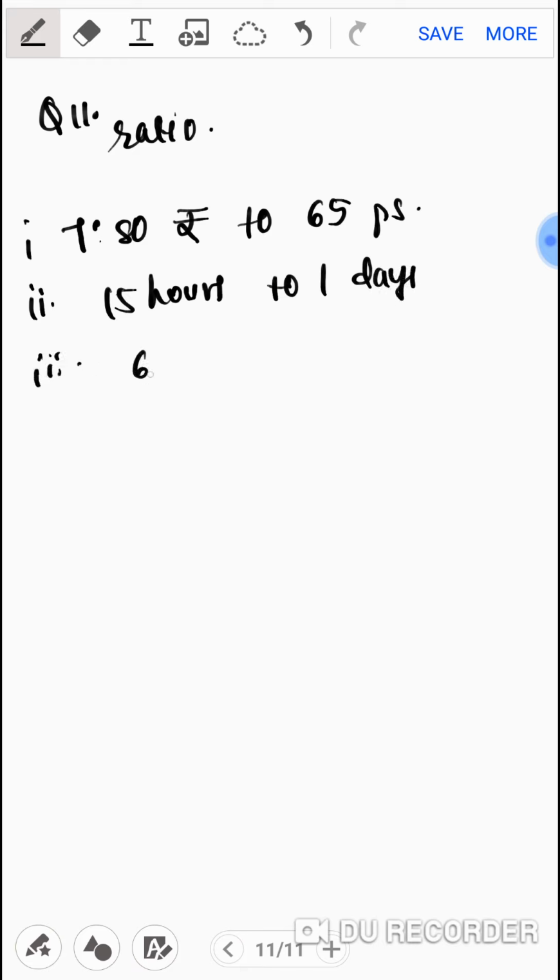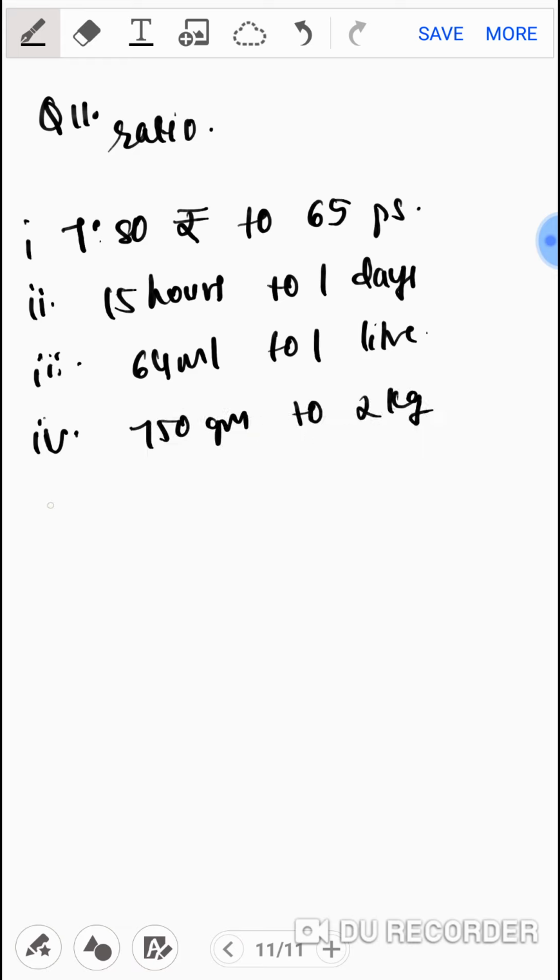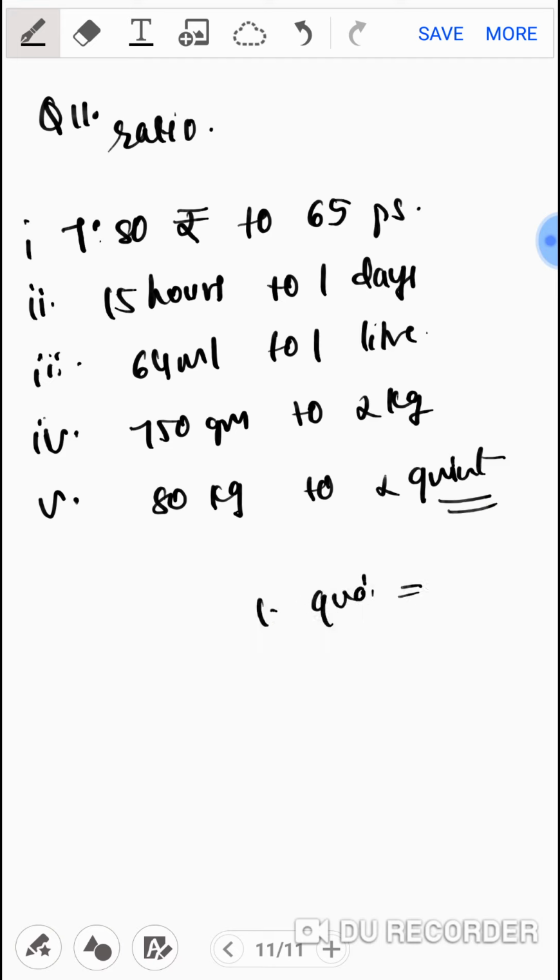Third, 64 ml to 1 liter. Fourth, 750 grams to 2 kilogram. Fifth, 80 kg to 2 quintal. Quintal, 1 quintal is 100 kilograms. Clear?